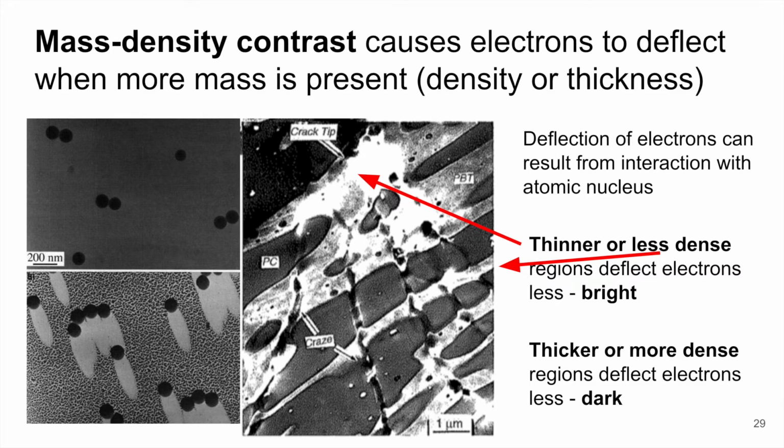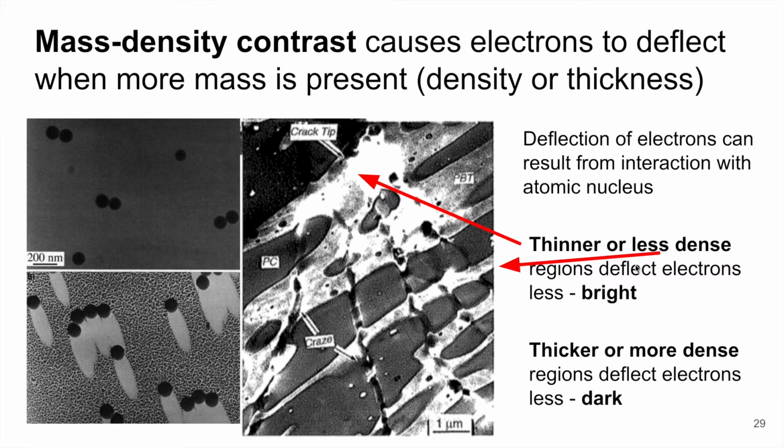In these, the deflections of the electrons, because of this mass density contrast, are a result of interaction with the nucleus of the atom. That's what's actually causing the deflection. So again, there's a couple of different things: thinner, but also less dense.